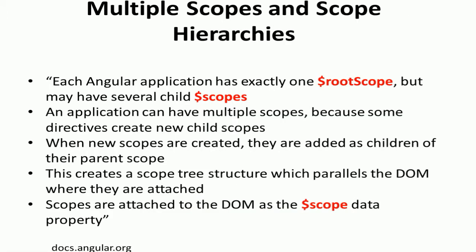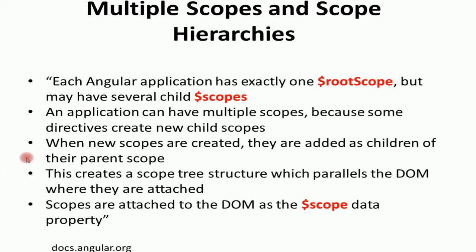These great statements about scope hierarchy can be found at the docs.angular.org website. Each Angular application has exactly one root scope, but may have several child scopes. An application can have multiple scopes because some directives create new child scopes. When new scopes are created, they are added as children of their parent scope.